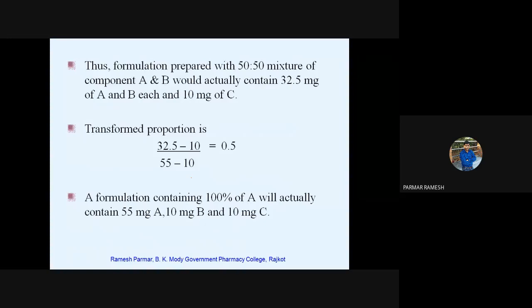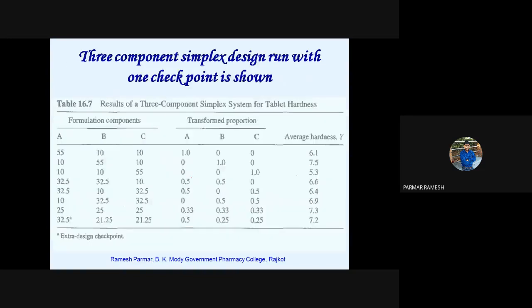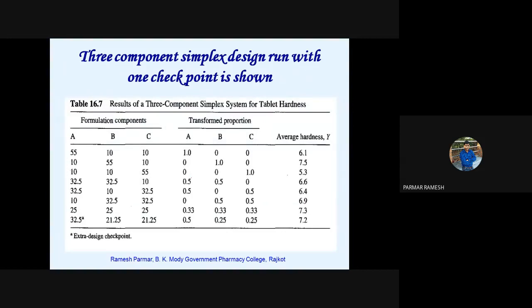So the formulation prepared with a 50-50 mixture of components A and B will actually contain 32.5 milligram of A and B each and 10 milligram of C. Though it is at zero level, it still contains 10 milligram. Similarly, the rest of the values can be transformed. So the design will be like this: 55, 10, 10.